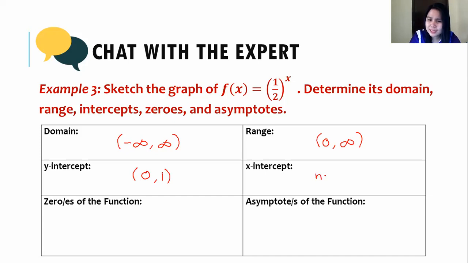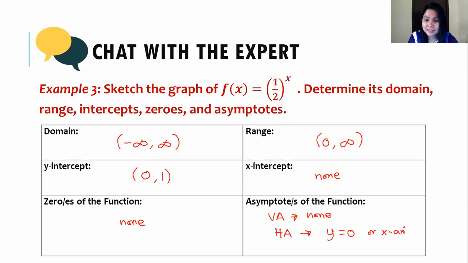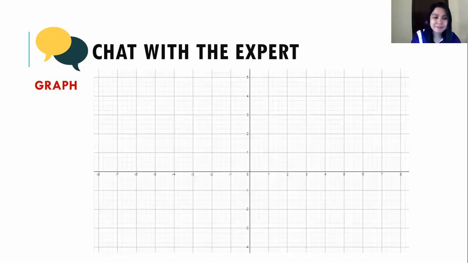It never crosses the x-axis, so no x-intercept, no zeros, and no vertical asymptote. And since it will never cross the x-axis, your horizontal asymptote is y equals 0, or we say at the x-axis. Now, how do we graph it?